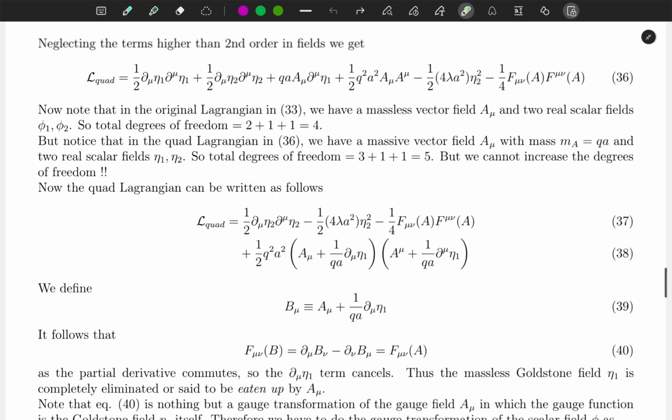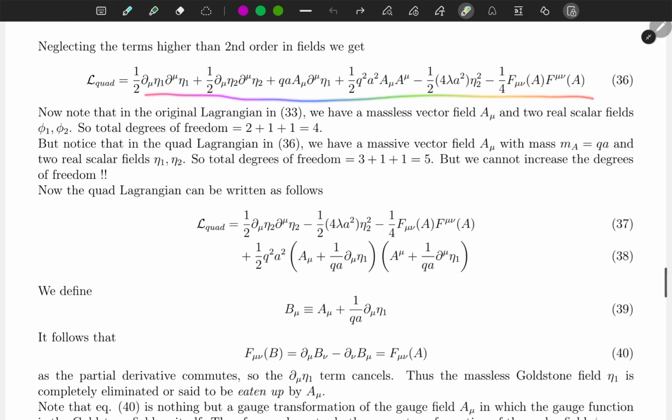So in this Lagrangian, see this term, this mass term of eta 2, and this kinetic term of the gauge field, these are the same. These 3 terms you have to see.